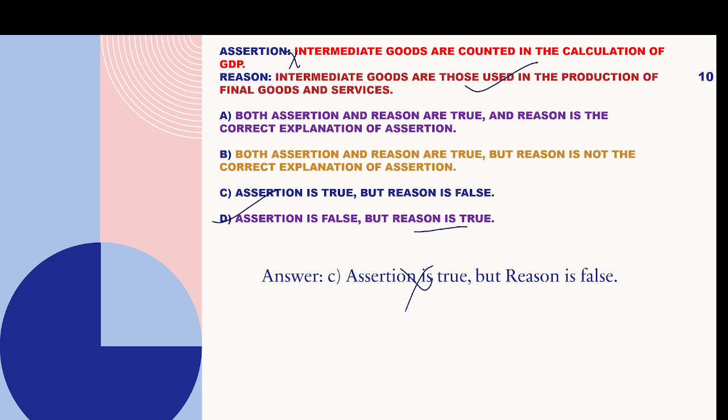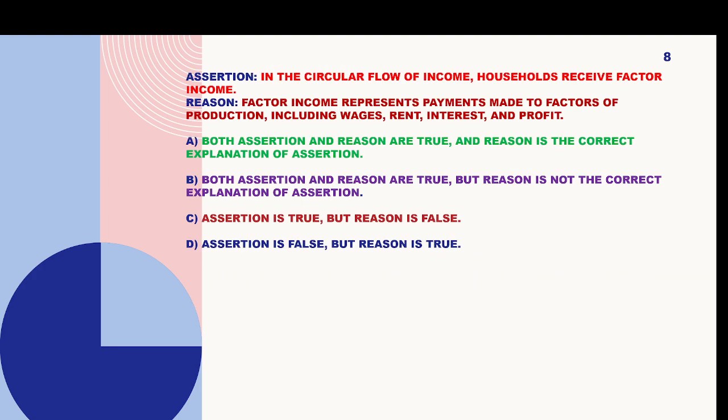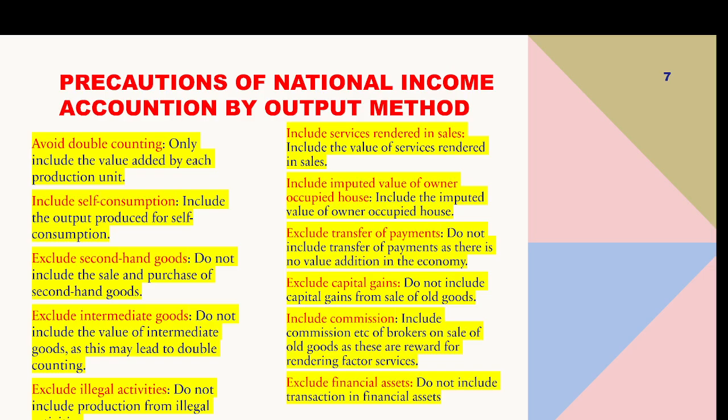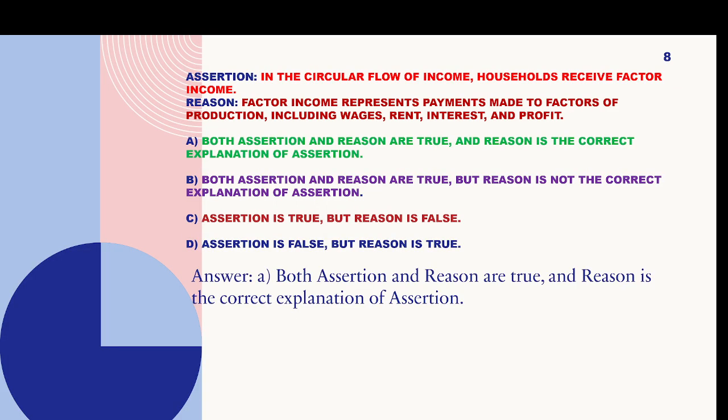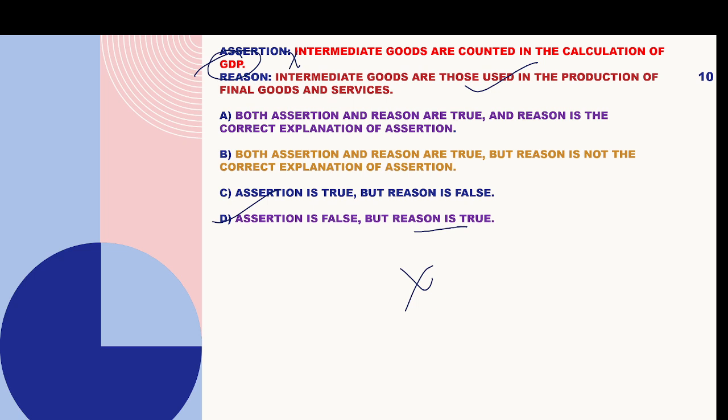Students, intermediate goods are not counted. You have seen already before that certain intermediate goods are excluded. Here it is given: intermediate goods are used in production of final goods and services.